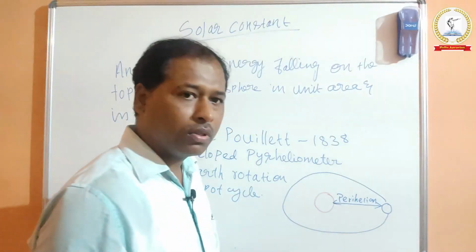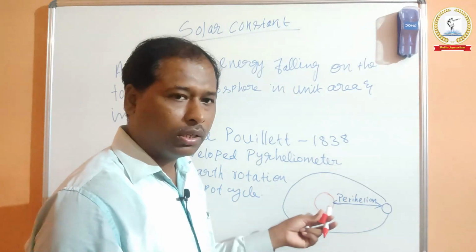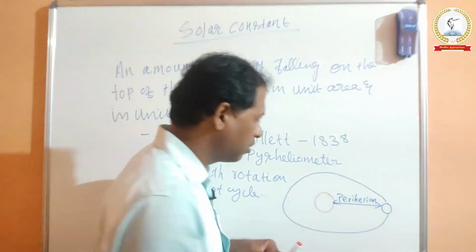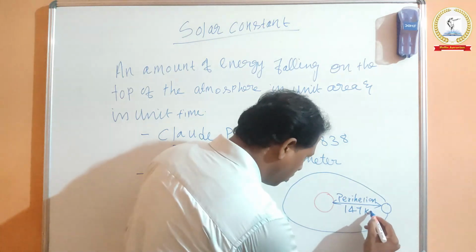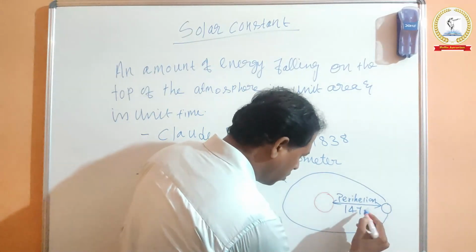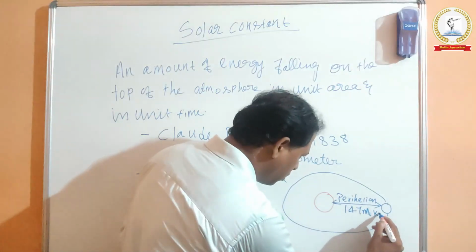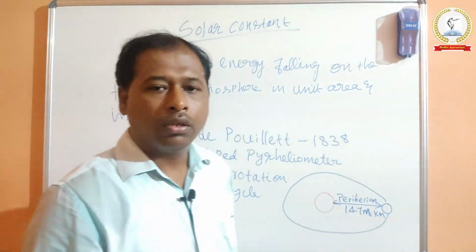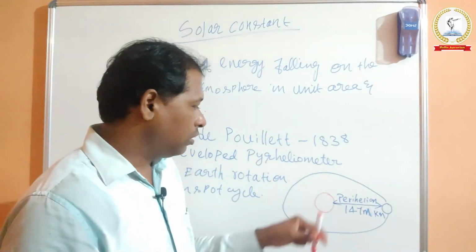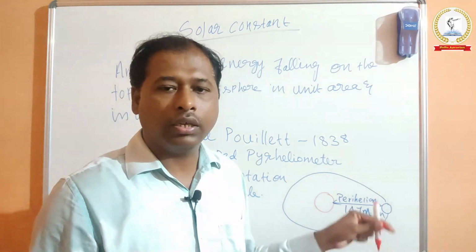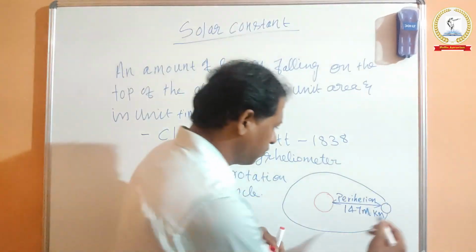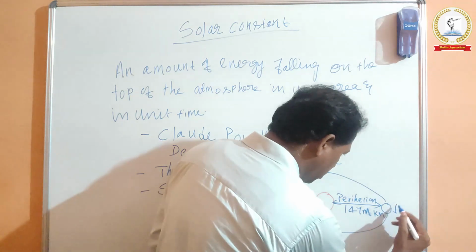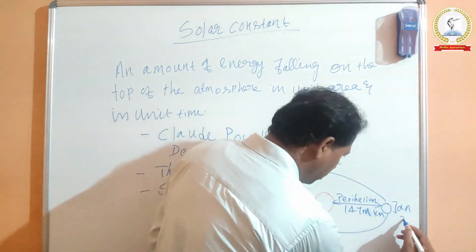During this time, the distance between sun and earth is 147 million kilometer. Okay, so this perihelion occurs on January 3.